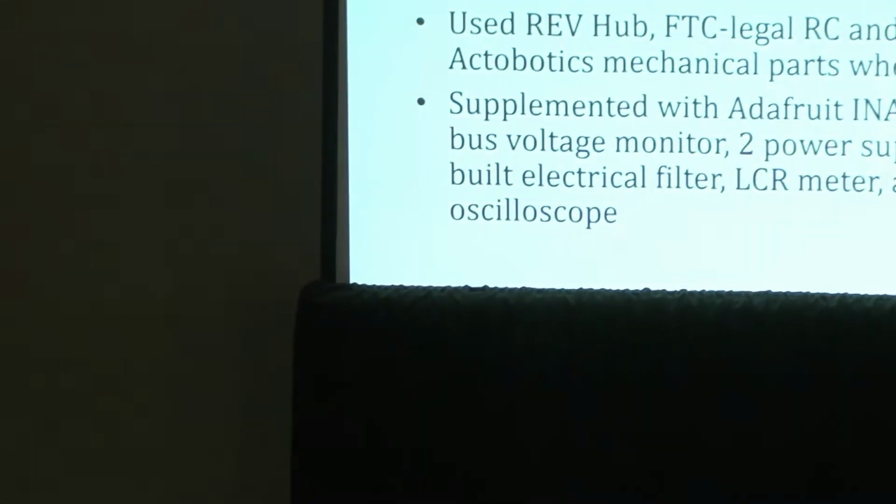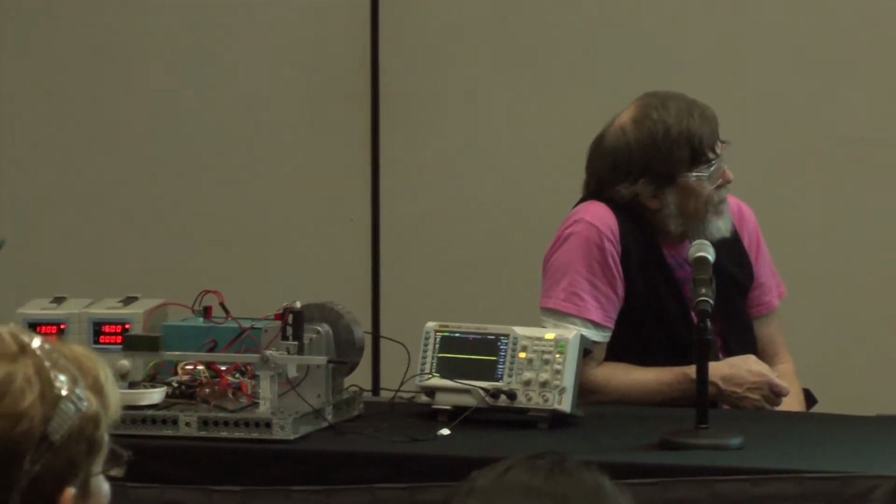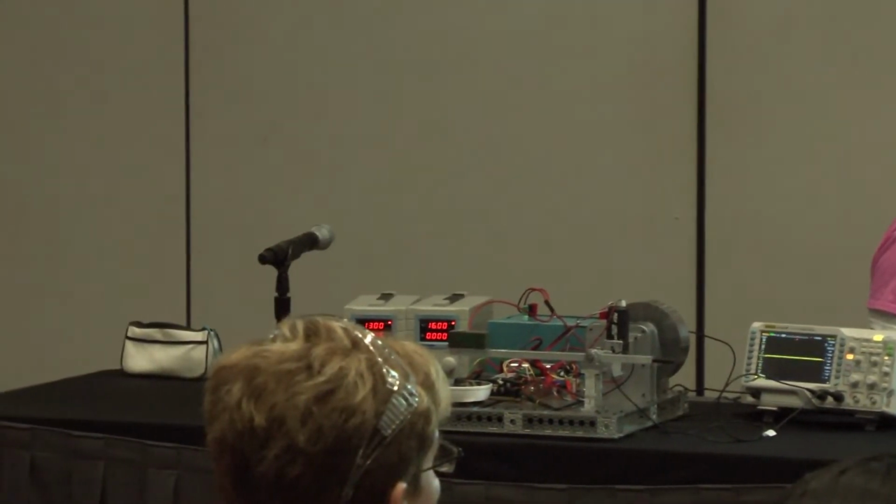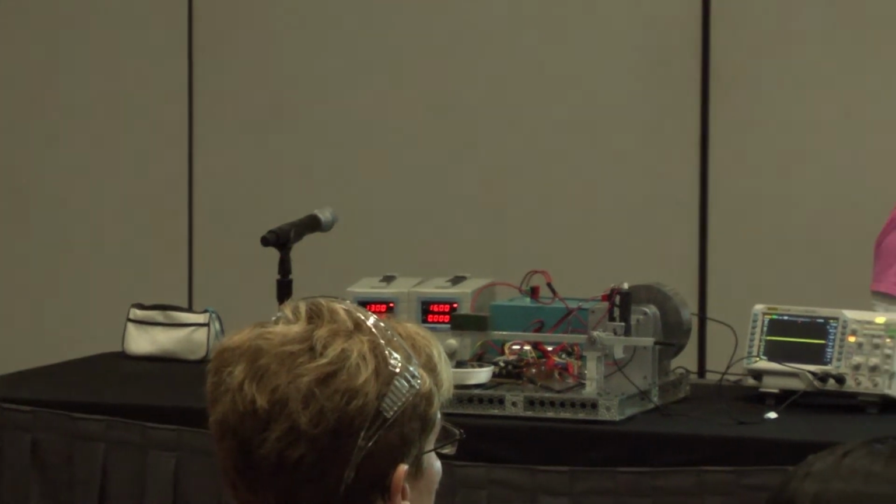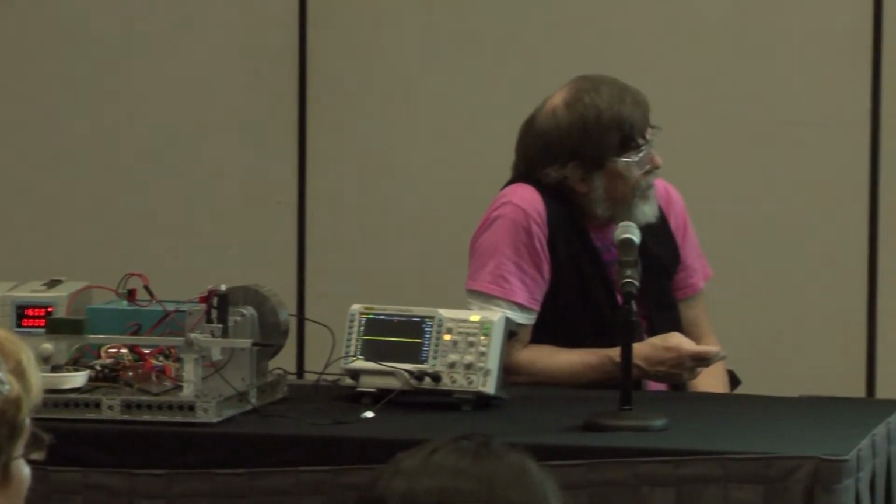And we used sensors such as the Adafruit INA219 current sensor, and we have two DC power supplies. We built an electrical filter, and we used an LCR meter and a digital oscilloscope. Now, the power supplies and the electrical filter and the LCR meter and the digital oscilloscope are not FTC legal, but as the project grew more complicated, we had to use them.